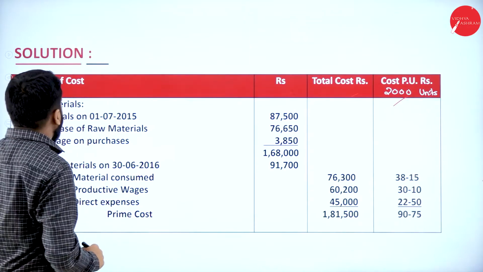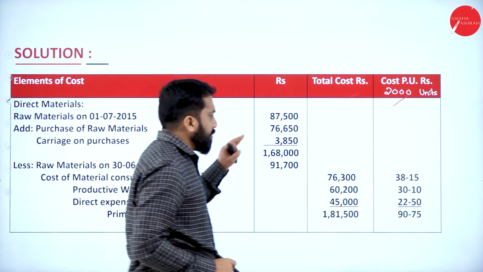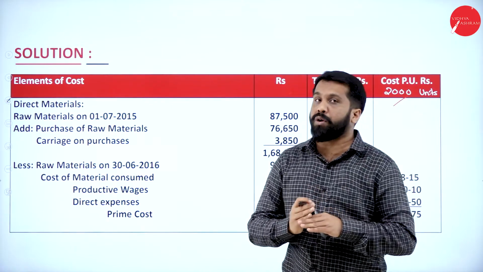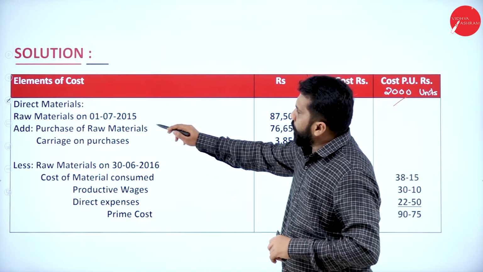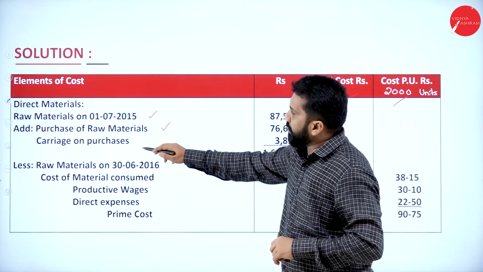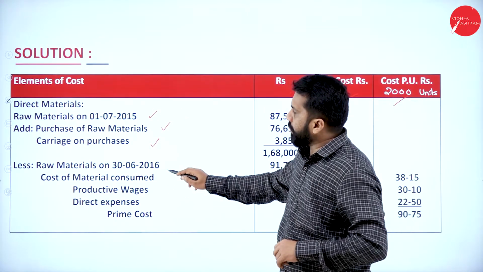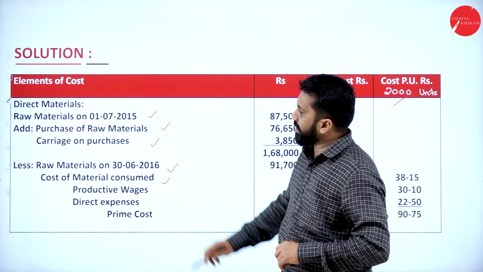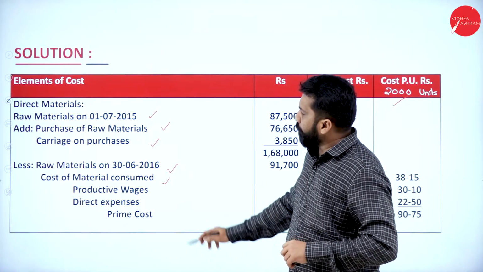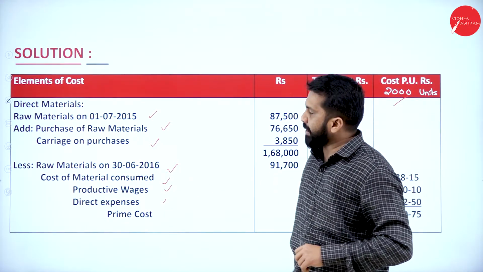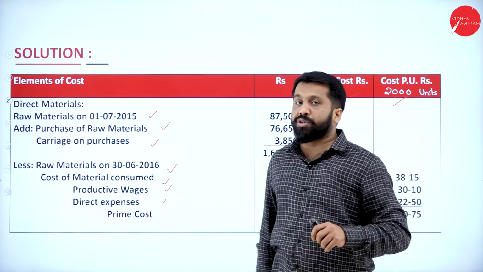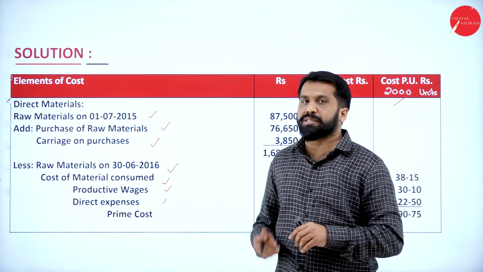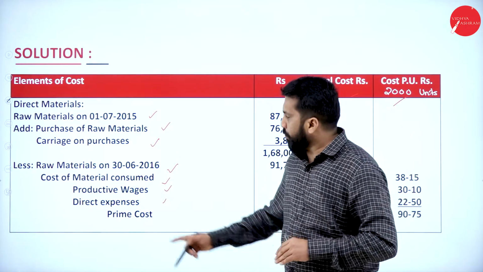Now, I don't take much time on these things, because you know them already. Raw material, add purchases, carriage inward, minus your closing, and you will get cost of material consumed. For that, add productive wages and direct expenses. In this question, they have not given direct expenses. They have given productive wages.